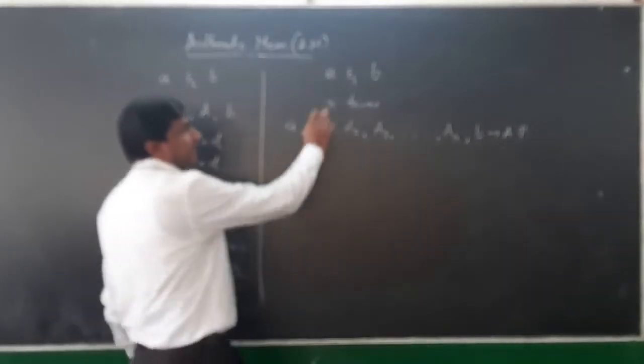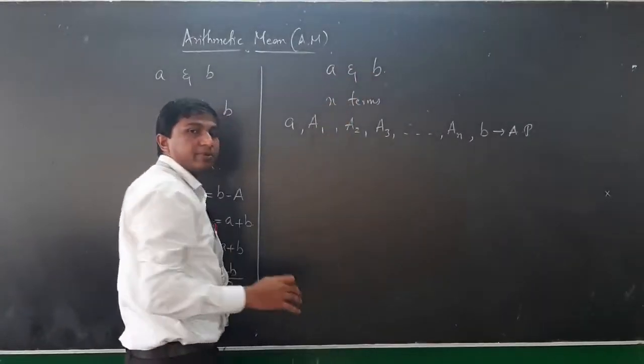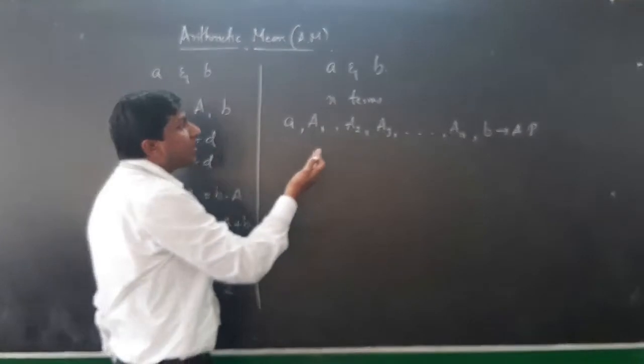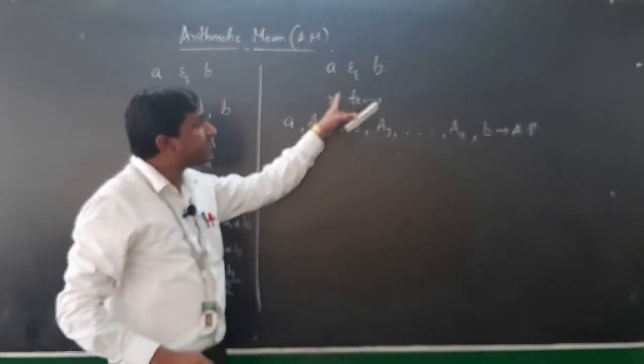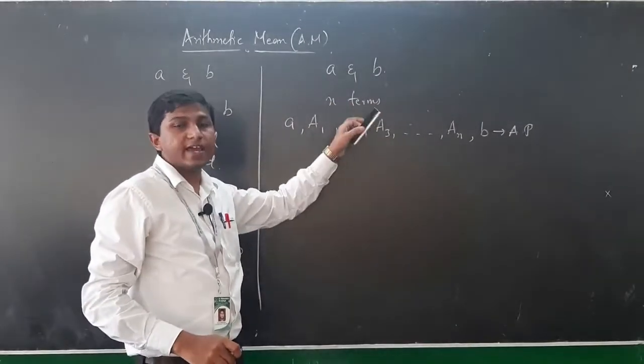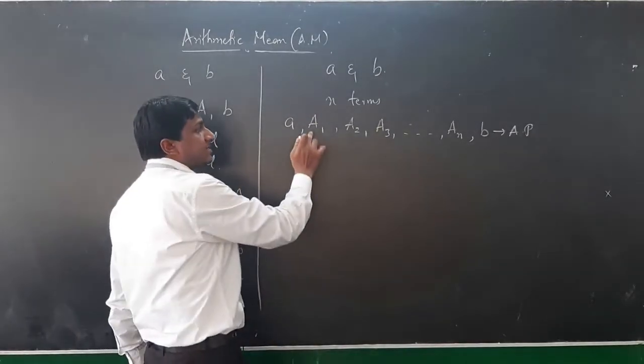I repeat once again: we have been given two numbers a and b, and we are asked to insert n terms in between a and b. Which are those n terms?